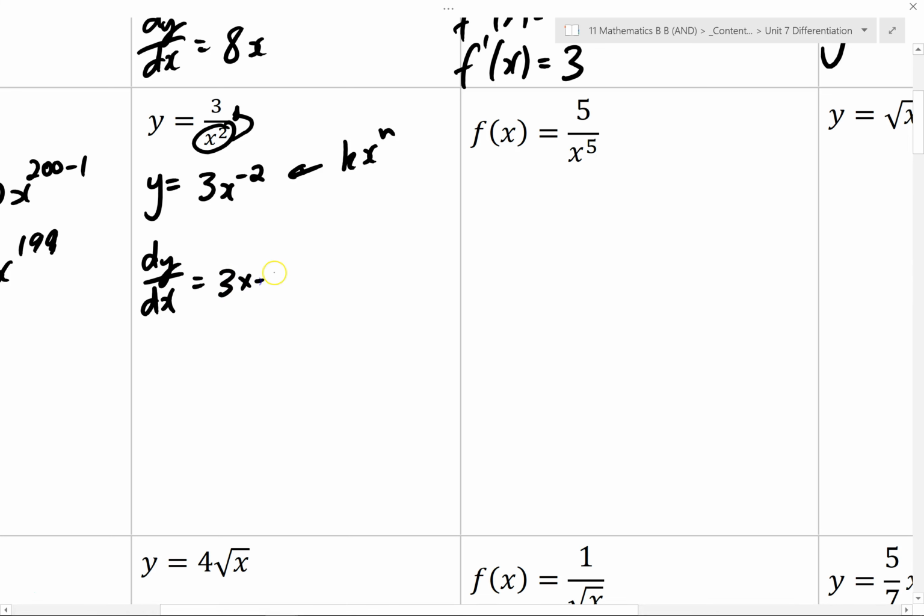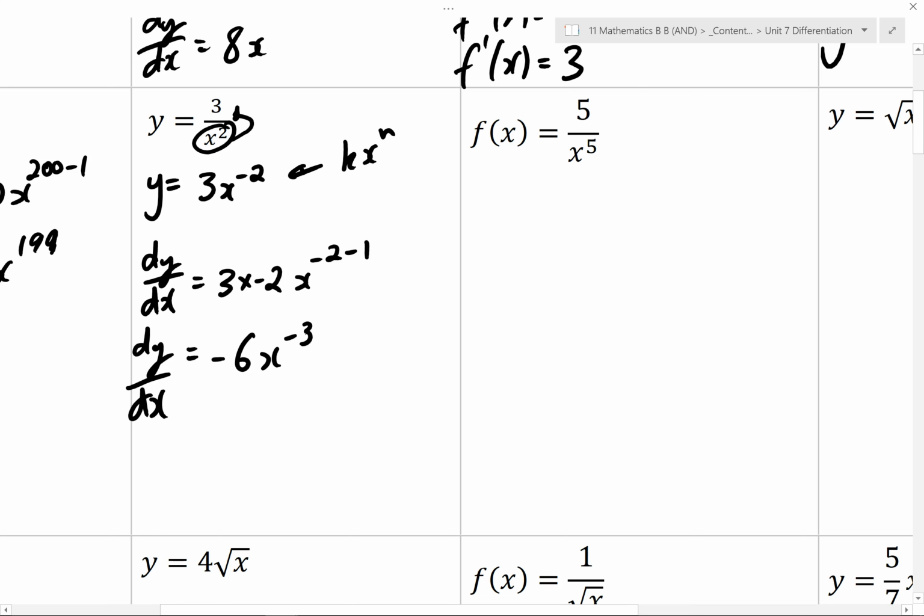So 3 times minus 2, x to the power minus 2, I need to subtract 1 from the power. Okay, so here I go, 3 times minus 2 is minus 6, and my power is going to be minus 2 minus 1, which is minus 3.